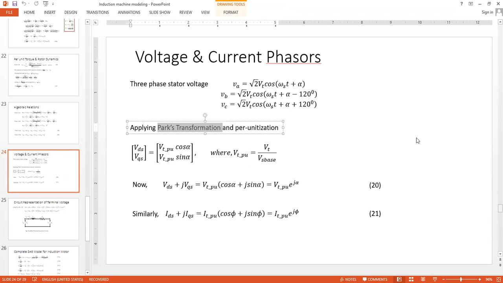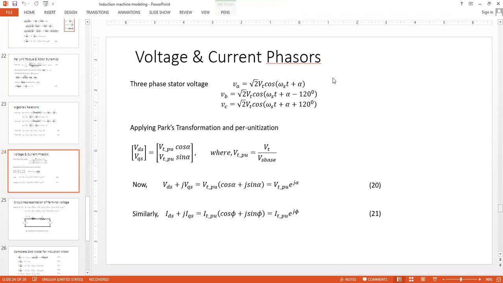So which Parks transformation matrix should be used here? Remember, there are two. So which one should be used for this transformation?